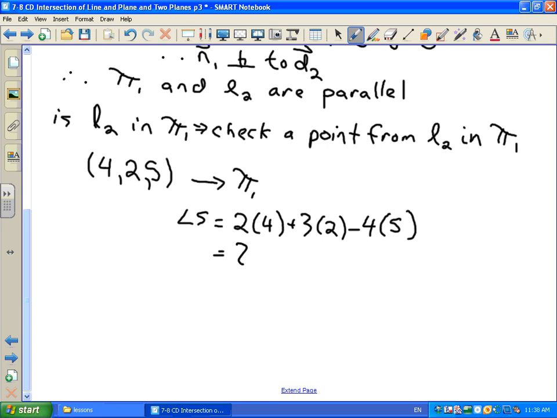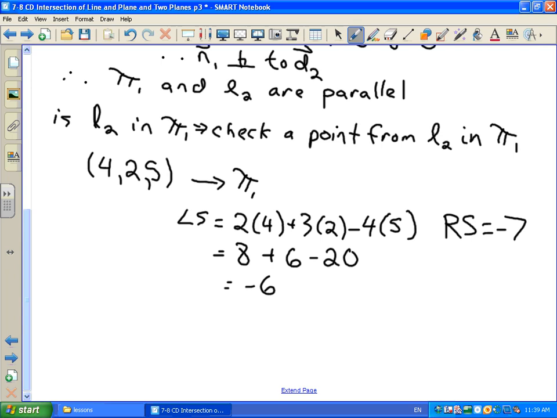This all works out to 8 plus 6 minus 20, which is not -14, but 14 minus 20, which is -6. And our right side, we look back up, our right side was -7.